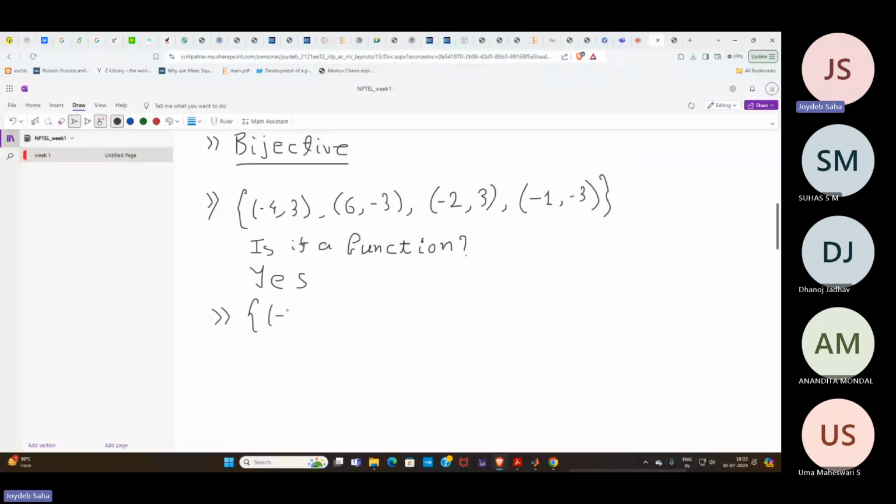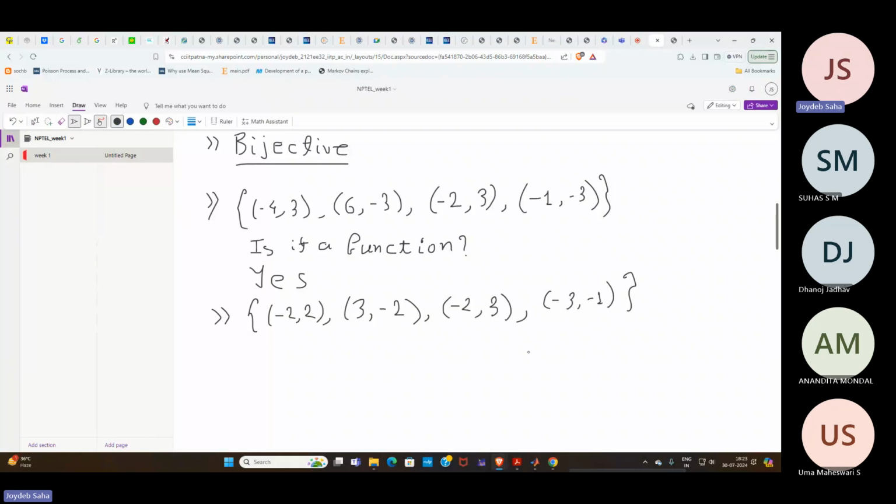Now, the question is, if there is another relation, let us say -2, 2; -2, 3; and -3, -1. Now, is it a function?